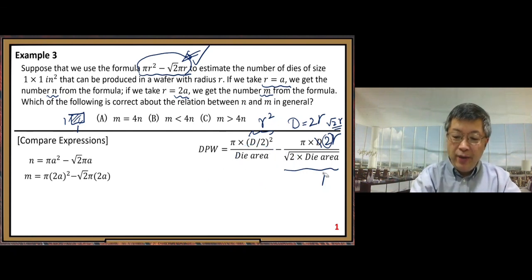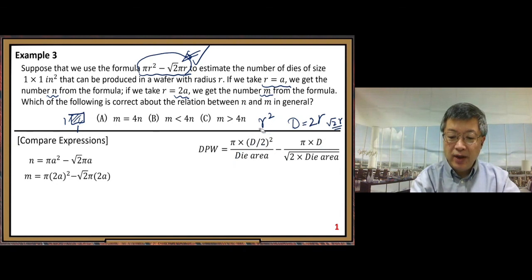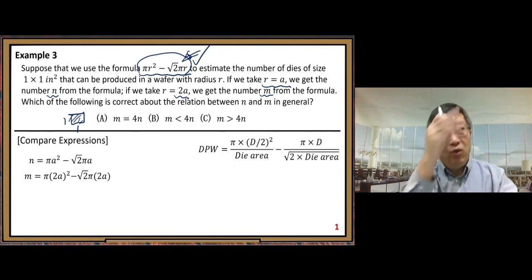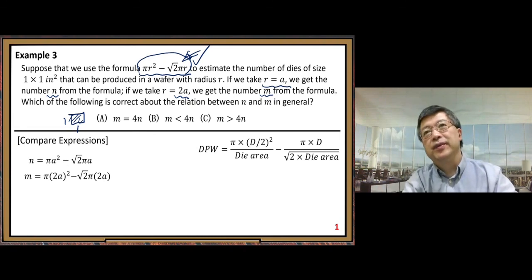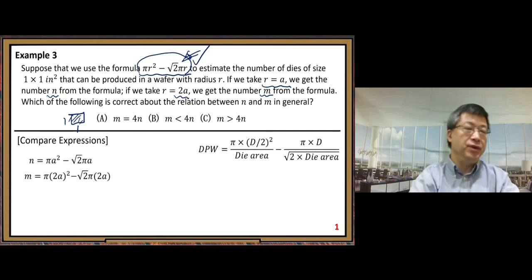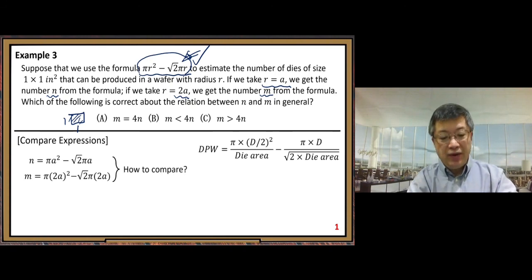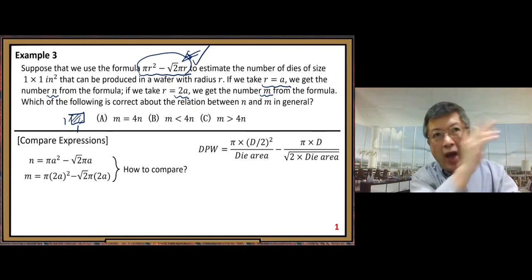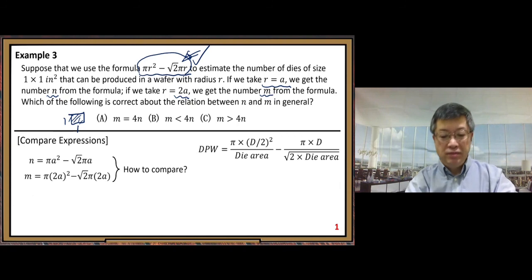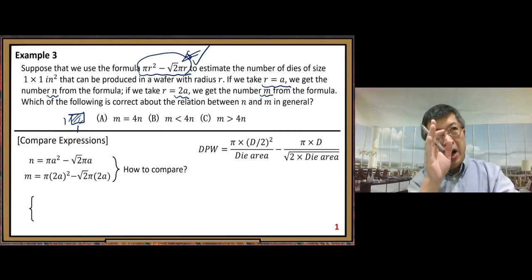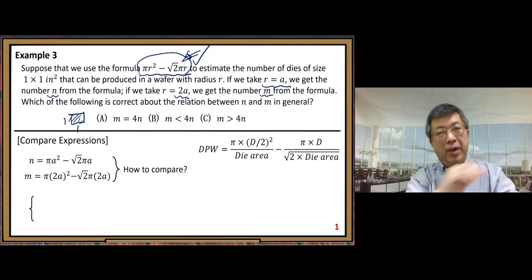When we compare, what is the right way to compare? We need to use some special method. Here I want to talk about the usual ways to do comparisons, two commonly used methods.